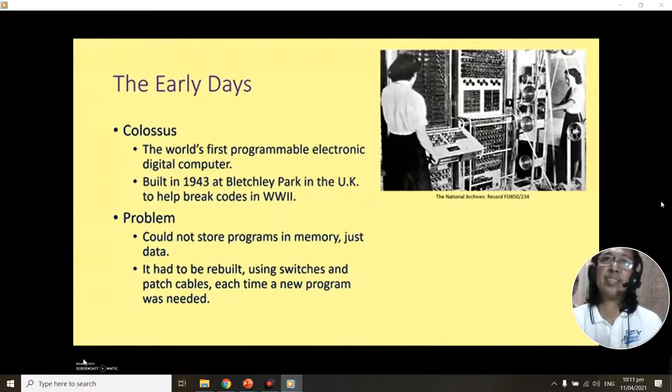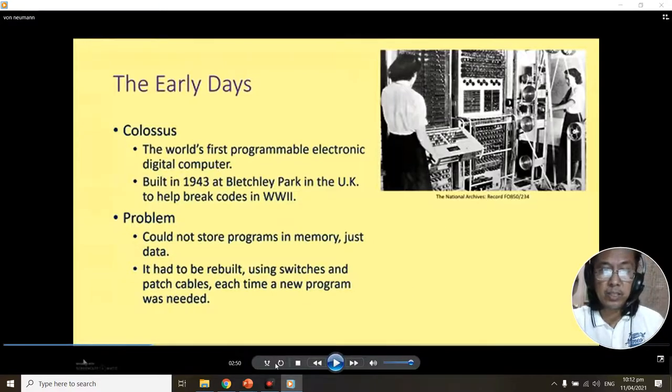Of course, you don't want the Germans to know that you have this machine that could decode their communication system. So it was kept top secret. That's why some of the books will still tell you that the ENIAC is the first programmable electronic digital computer. Okay, so we will continue.